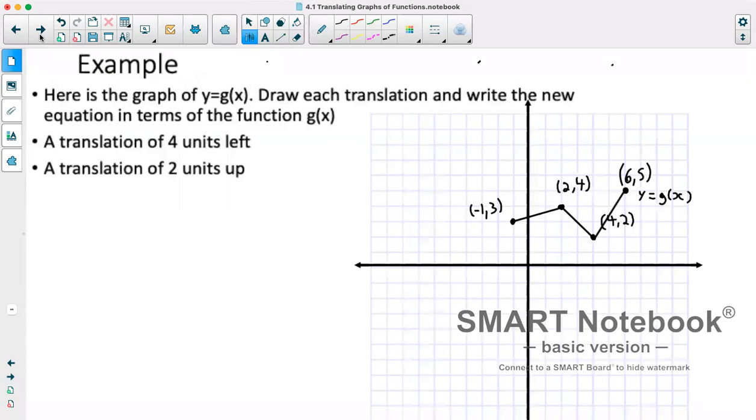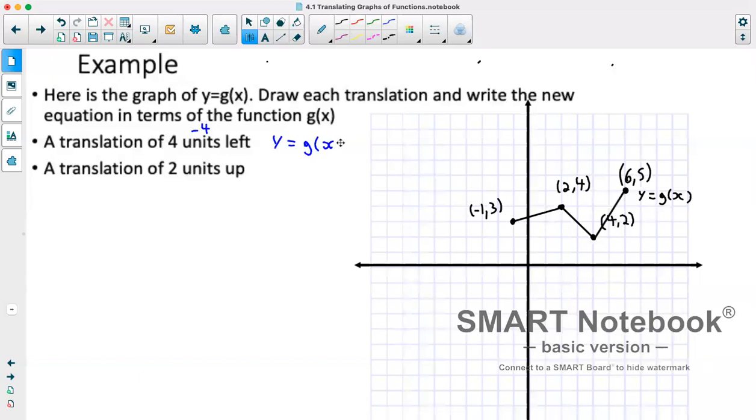So, example: here's a graph of y equals g of x. Draw its translation and write the new equation in terms of function g of x. For a translation of 4 units left, that takes the form of y equals g of x minus our h value, but because this is left, h is -4.